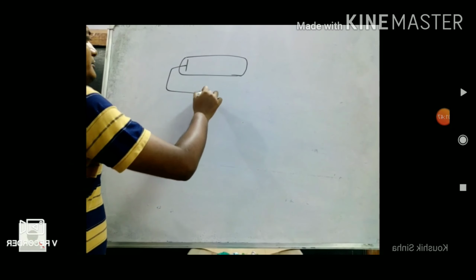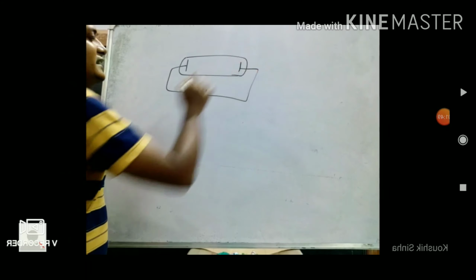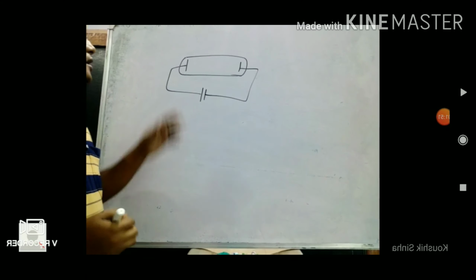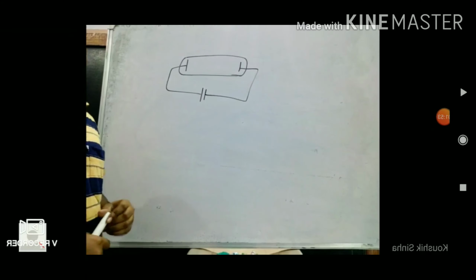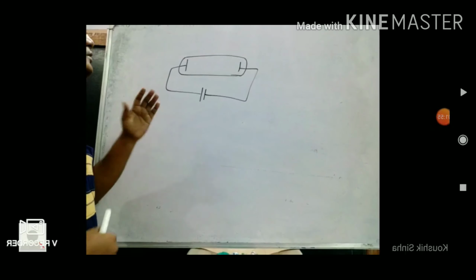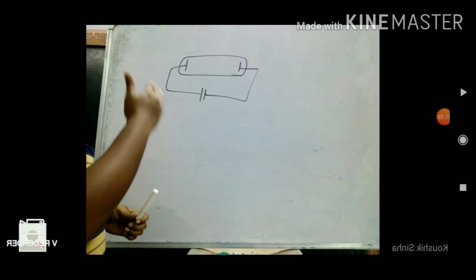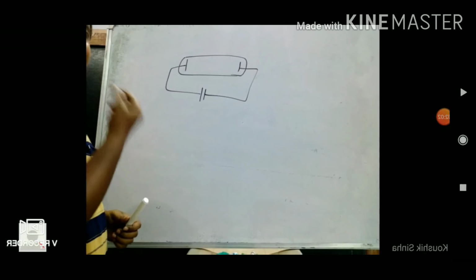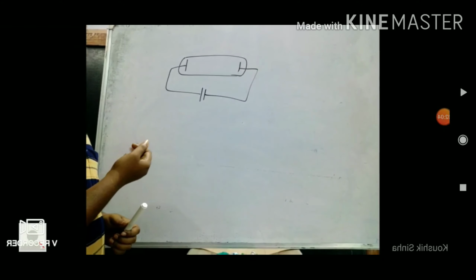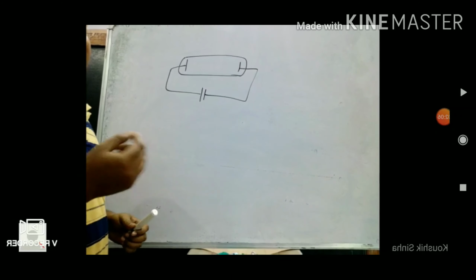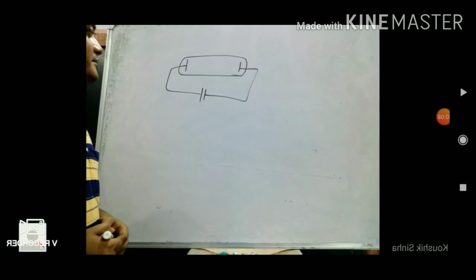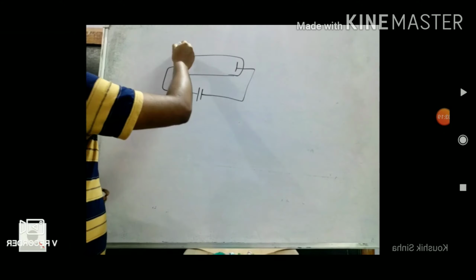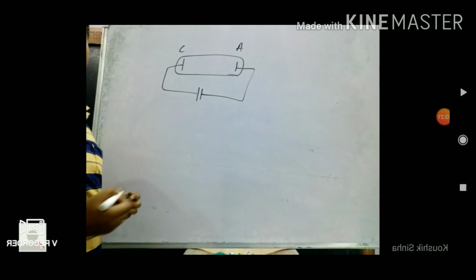Now we have to apply a high potential difference between the two electrodes, cathode and anode. The cathode is attached to the negative end of the battery. The anode is attached to the positive end of the battery.